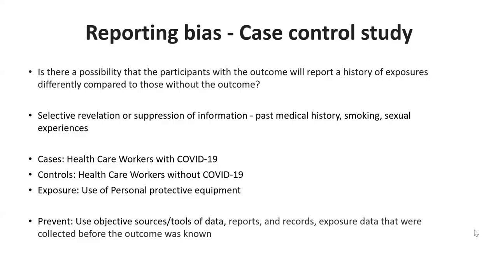Now, this can happen because some information is being suppressed or is being revealed selectively. This can be in terms of past medical history, smoking, sexual experiences. These contribute to something known as social desirability bias, with some of the sensitive questions.